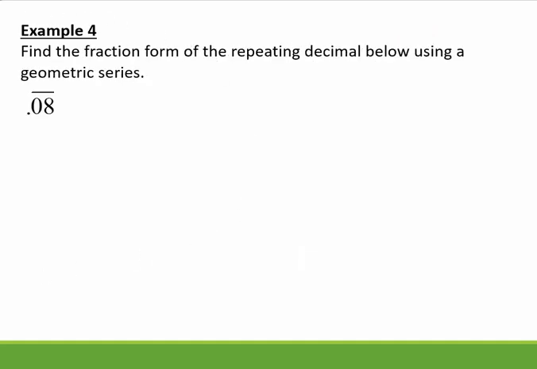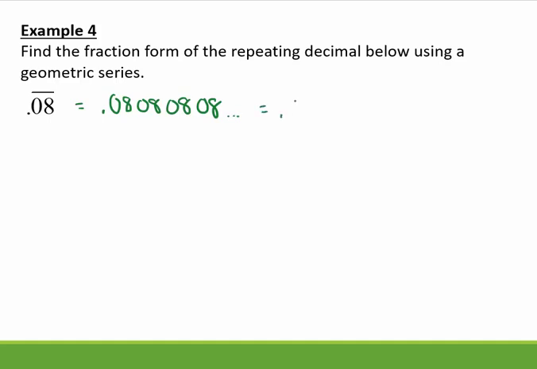Now, something back in my day that we used to have to do is write this repeating decimal as a geometric series. So let's look at this. And so on.